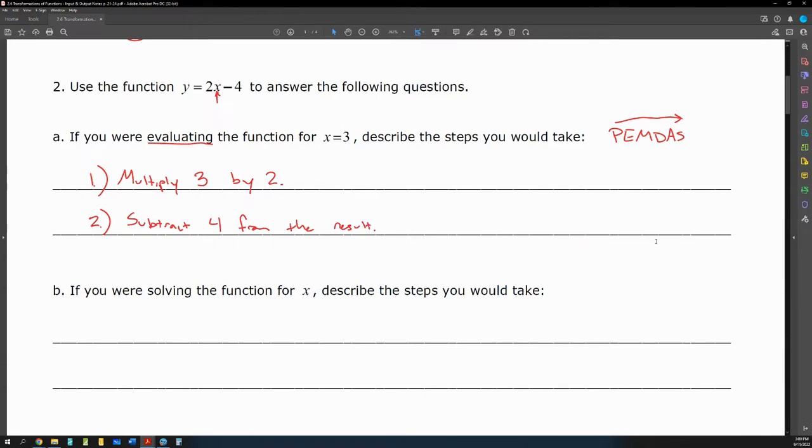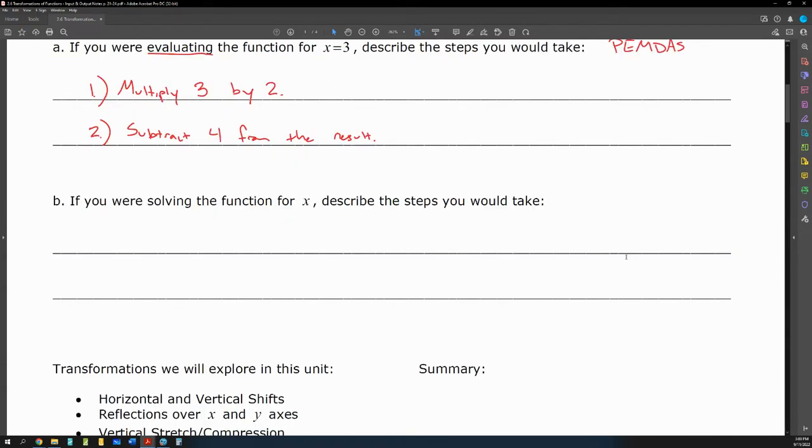Okay? For 2b, now we're saying if we're solving the function for x, then which steps would we take? So just like when we're evaluating, we use PEMDAS. When we're solving, we're going to do reverse PEMDAS. So we're going to start and deal with any addition or subtraction first, then multiplication and division, then any exponents, and then any parentheses. So we're going to go in the reverse order.